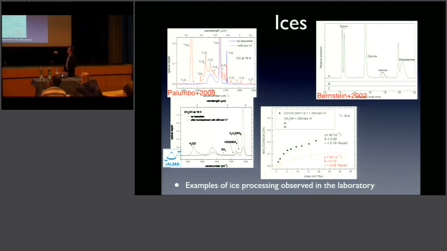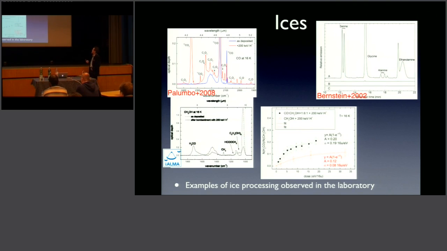In this case, you start with a methanol compound, for example, so an ice that contains CH3OH. You irradiate it, and you produce mainly formaldehyde and some other complex alcohols and molecules.